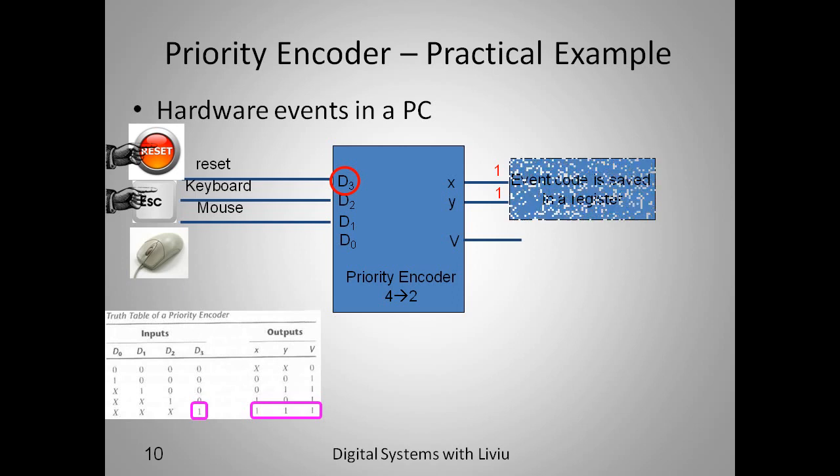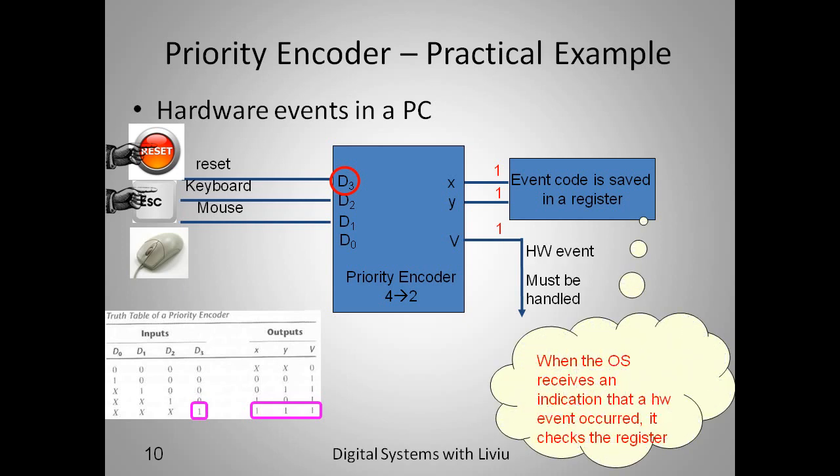The 1 1 is saved in a special register, and the V line goes to the operating system, which should handle a hardware event. When the operating system receives the signal for a hardware event, it has to check which event has taken place, and therefore it has to check the special register. It would read event number 3, which stands for reset, and will handle a reset procedure.